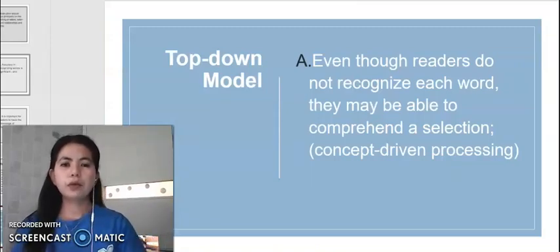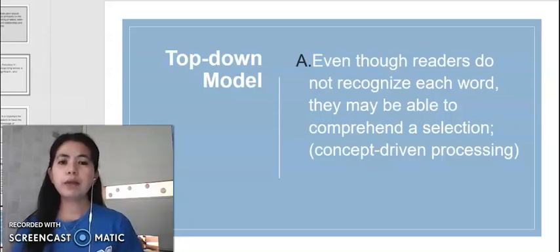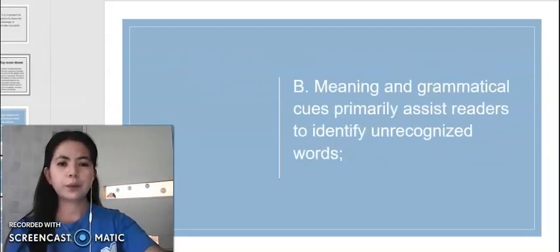In the top-down model, even though readers do not recognize each word, they may be able to comprehend a selection through concept-driven processing because he already has a background knowledge about the meaning of that word. That's why the reader can be able to comprehend a selection.